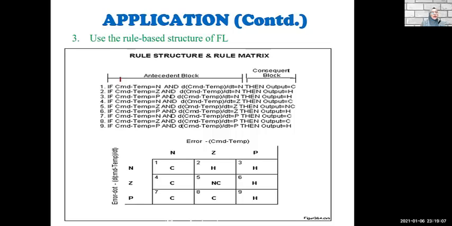If CMD is, let's say, 20 minus the temperature of 25, we get a negative value. That means the room temperature is hotter than the command temperature that we request, so you get a negative value. And the difference, CMD minus temperature, divided by time is also negative, and then the output should be cool.